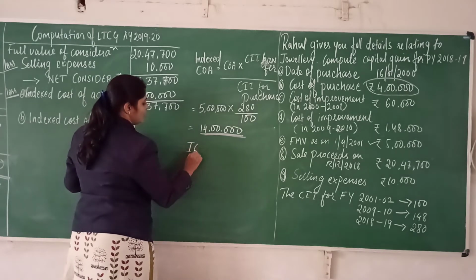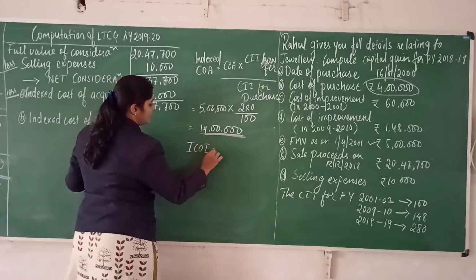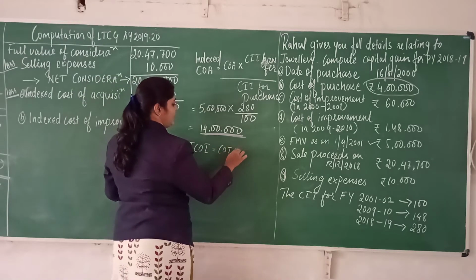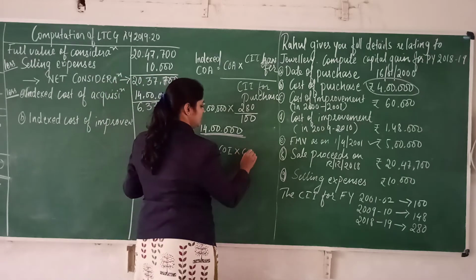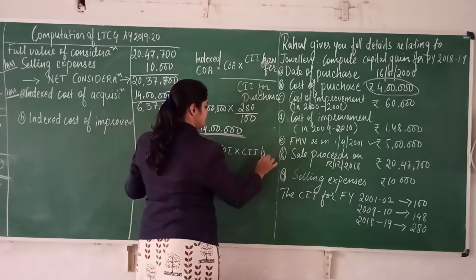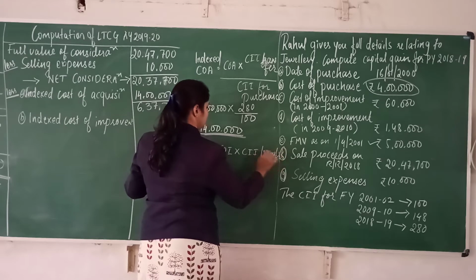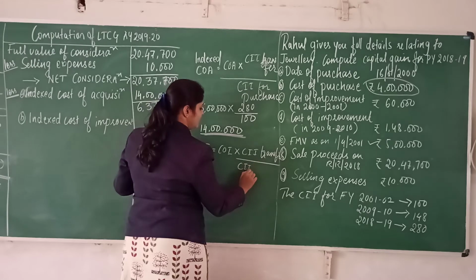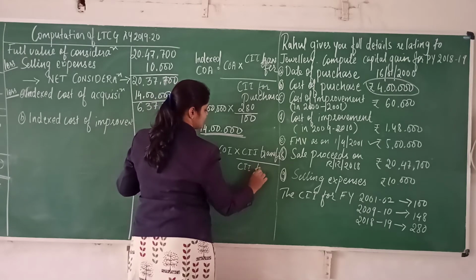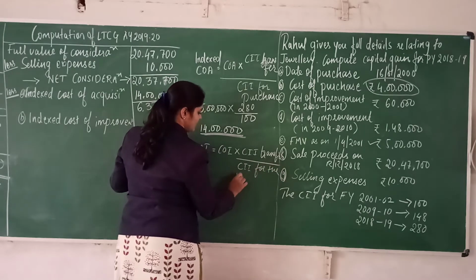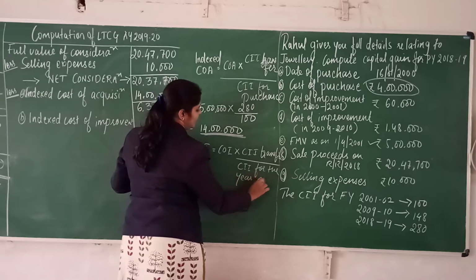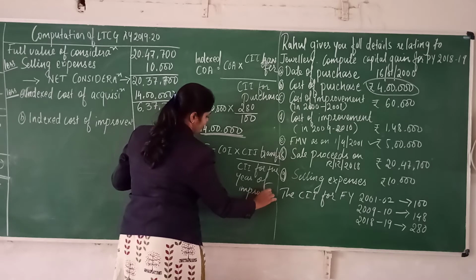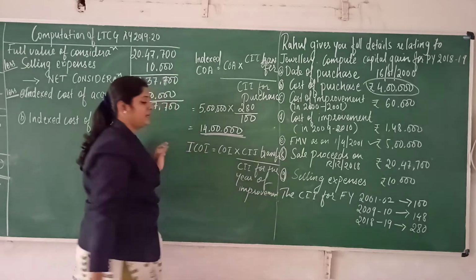Indexed cost of improvement is calculated as cost of improvement into CII for the year of transfer upon CII for the year of improvement.